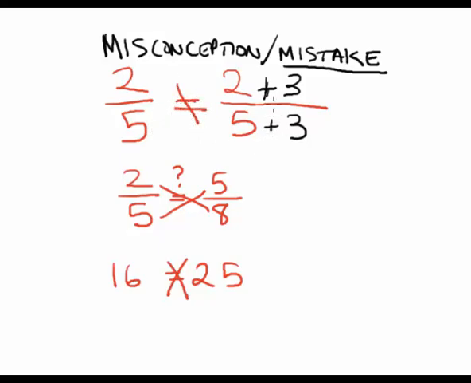However, there is something that we could do with the 3's to create a proportion, okay? Let's go back to our 2/5. Say I really want to make a proportion, and I want it to have something to do with the 2 and the 5, and then something to do with the 3's.